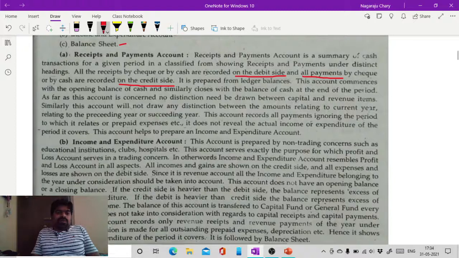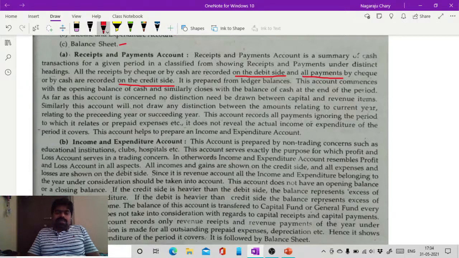Receipts and payments account starts with an opening balance and is closed with a closing balance. The opening balance may be a cash balance, a bank balance, or both.